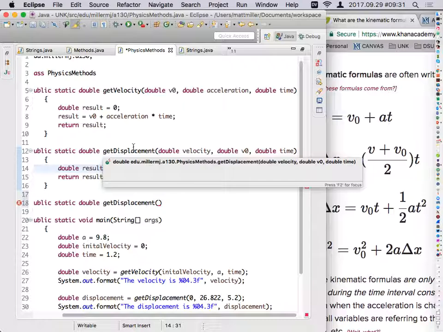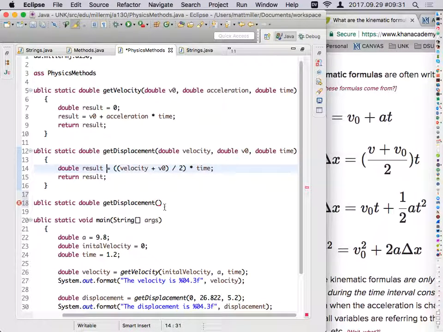So I can't have another method that has the name get displacement that takes 3 doubles. It can take 2 doubles. It could take 3 doubles and a string. It could take 2 strings, right? So they have to be different. Like you have to be able to tell which one am I going to call. The only way to know that is if there is some difference in them. And this is called function overloading. So we give the same name to a function that might do something different.